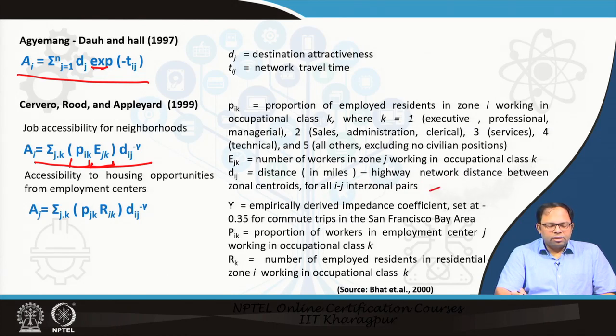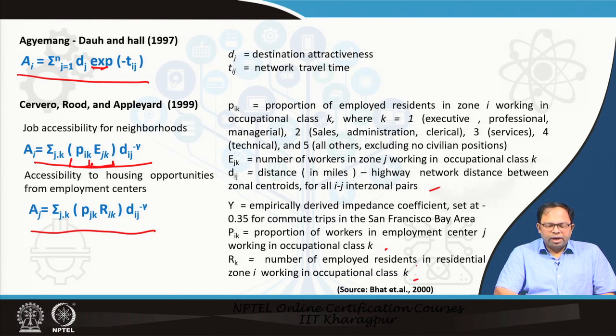And this is for job accessibility, and similarly for residential or housing opportunities, this is the equation that has been used, where Pjk is equal to the proportion of workers in employment centers j working in occupational class k, and Rik is the number of employed residents in residential zone i working in occupational class k. So, this is just the reverse of the previous one.